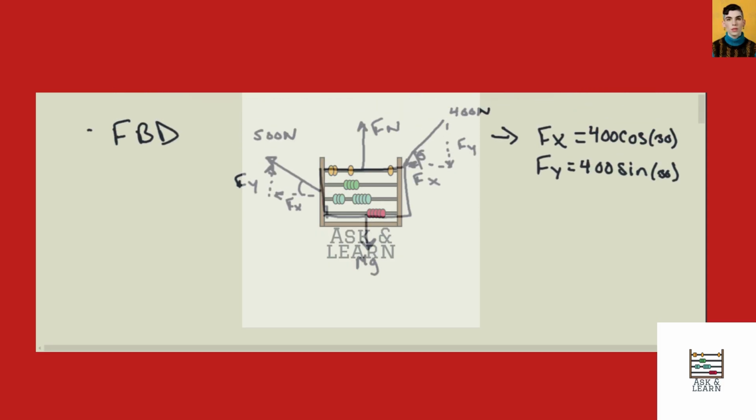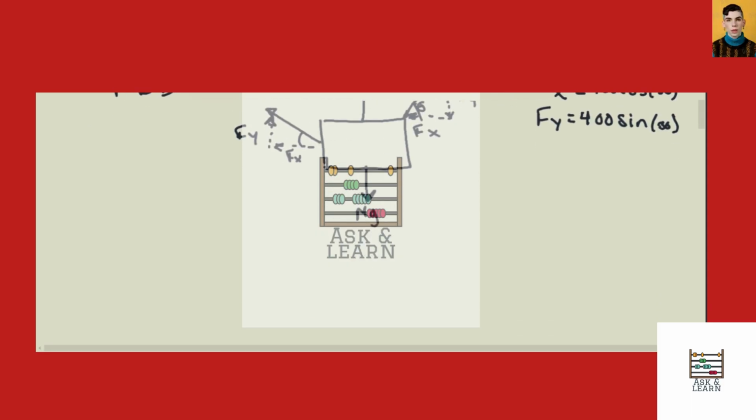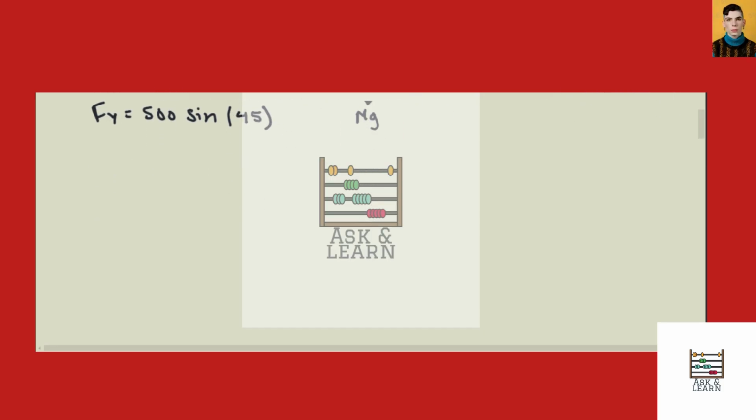So for this triangle on the left side, f of x is again f cosine theta, and f here is 500, so f of x is equal to 500 cosine 45 degrees, and then f of y is 500 sine 45 degrees.